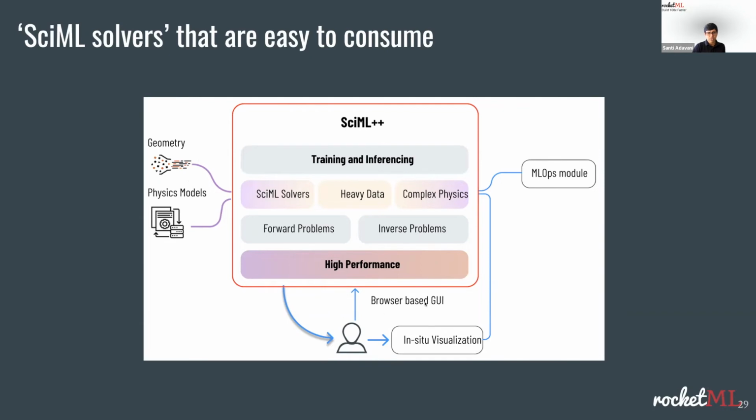And all the user is doing is they have a browser-based UI with some kind of in-situ visualization, along with an ops module, right? An ML ops module is basically where you're actively looking at whether the model that is built is working as expected.